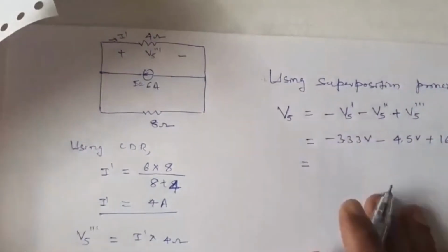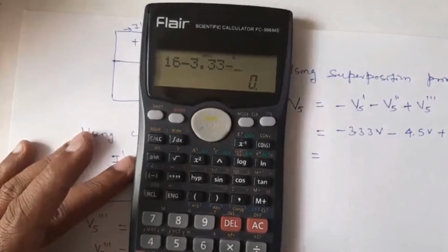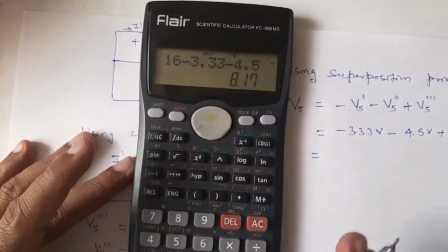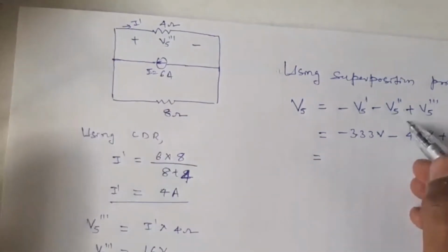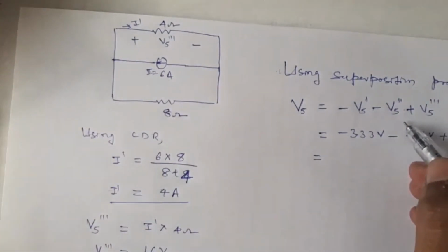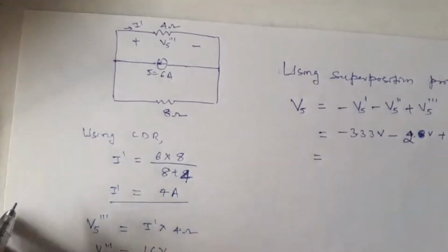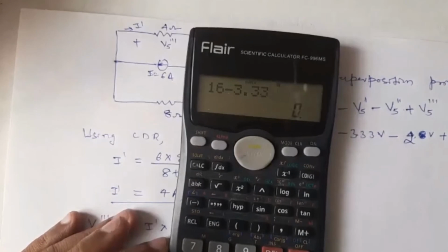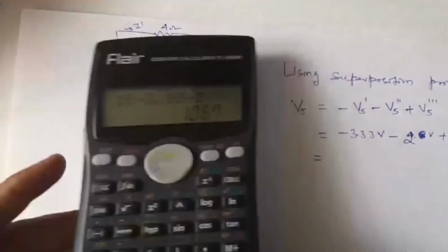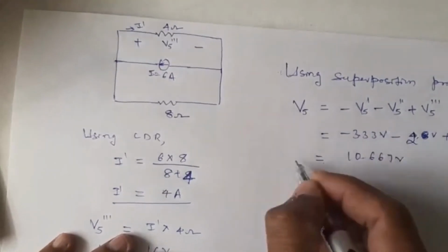Sorry, V5 double dash is how much? V5 double dash is 2 volts. So 16 minus 3.33 minus 2 is 10.67. It is 10.667 volts, which is our V5.